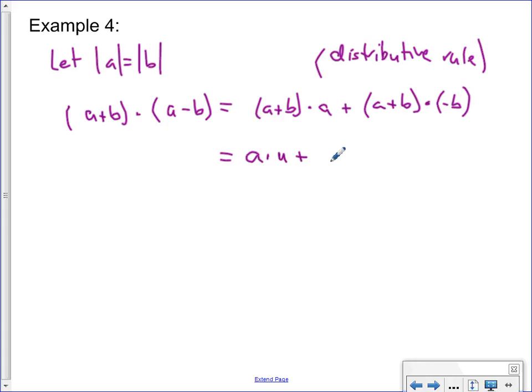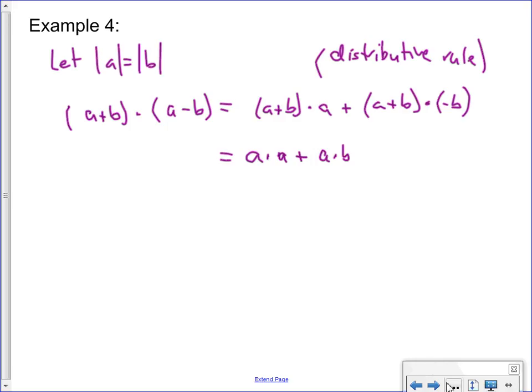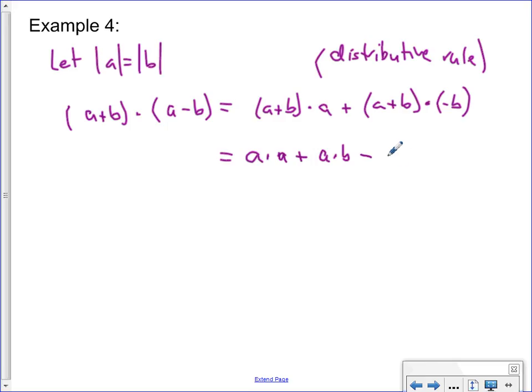True? So it'd be A dot A plus A dot B, plus negative B dot A, so it'd be minus, right? Yeah, minus A dot B, and then minus B dot B. Okay?